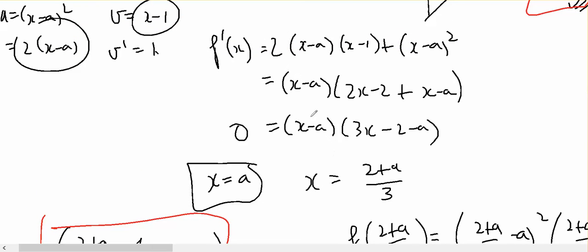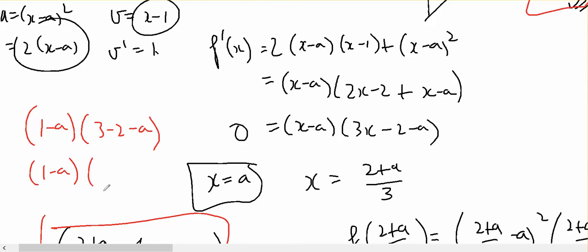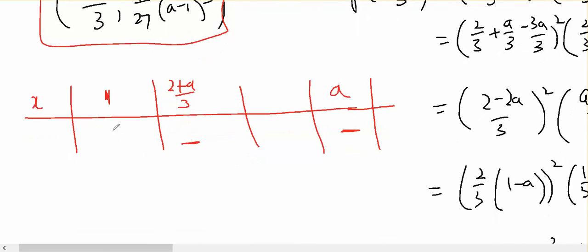When x equals 1, I get (1 minus a) times (3 minus 2 minus a), which is (1 minus a) times (1 minus a), which is (1 minus a) squared, and that will be positive because the square is positive, so it looks like this.